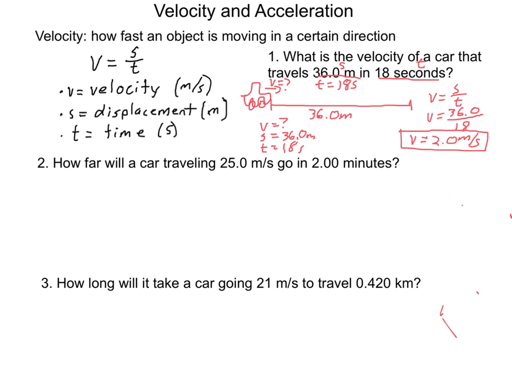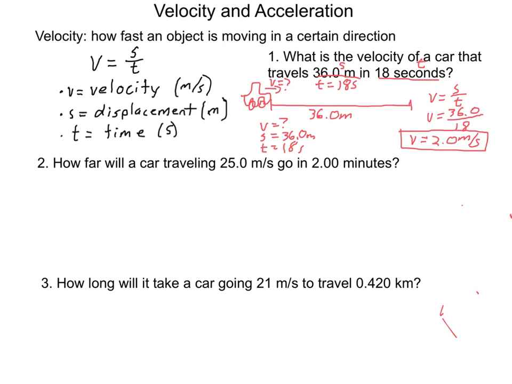Notice how here, whenever I'm working this, I look to my variable bank and I say, okay, I know what S is, plug in 36. I don't know what V is, so leave it as V. I know what T is, so plug in 18 on the next line down. Working in a very linear manner here.